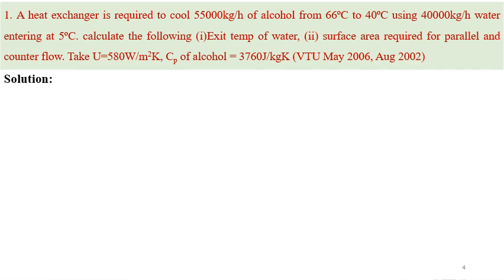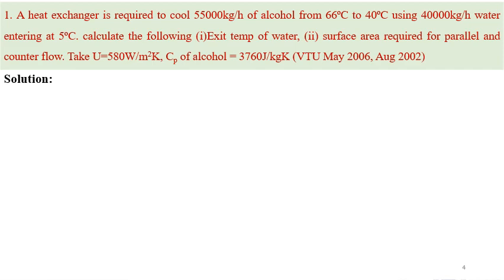At the same time, they have given the inlet temperature and exit temperature of the hot fluid: 66 degrees centigrade inlet temperature and 40 degrees centigrade exit temperature. So it is cooling from 66 degrees centigrade to 40 degrees centigrade.